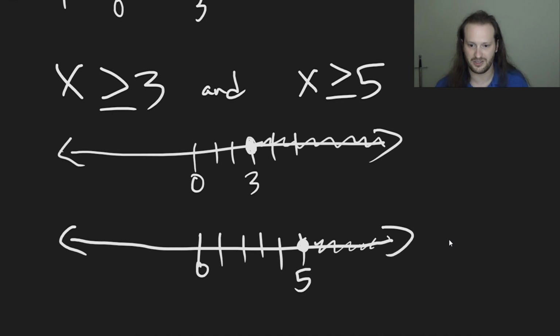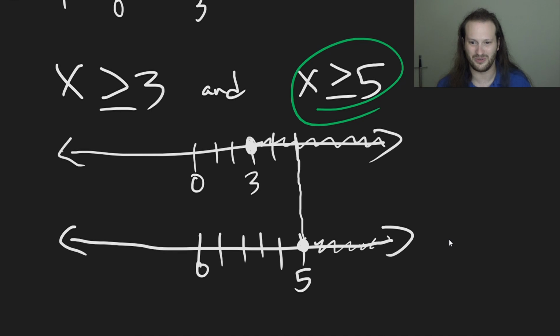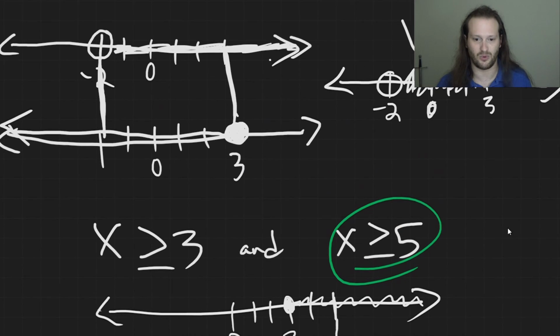And as you can see, it's simply just this here. So that's why it's kind of awkward, because you can just say, oh, everything that's greater than or equal to 5 is also greater than 3. So you just kind of look at this one here. You're not going to see this one too much. You're going to see these intersections a lot more.